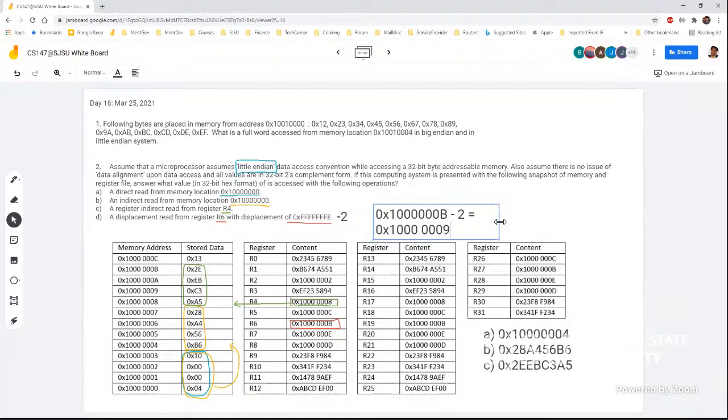This is my resultant address from where we are trying to access, and it will again be 4 bytes.